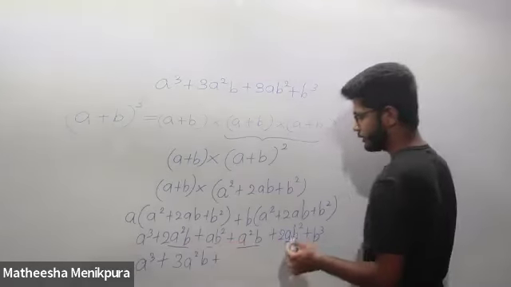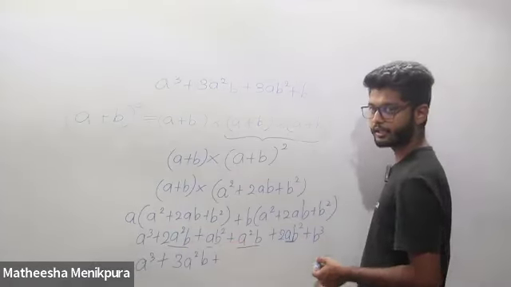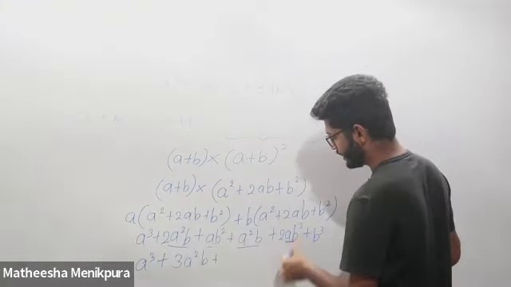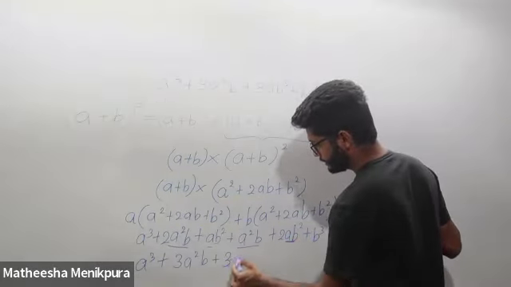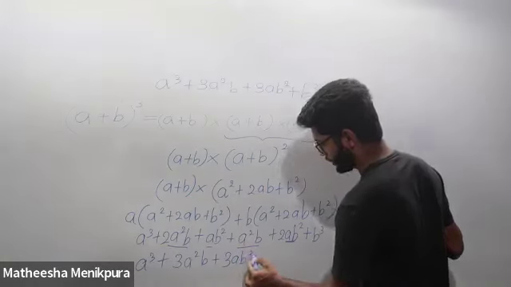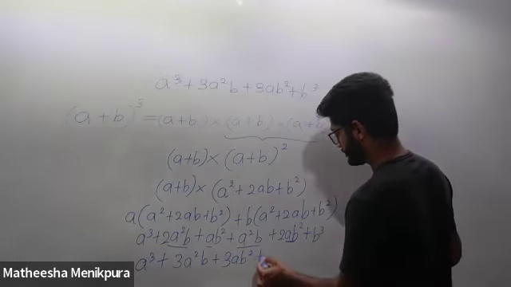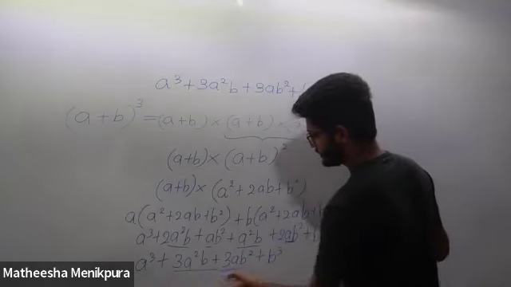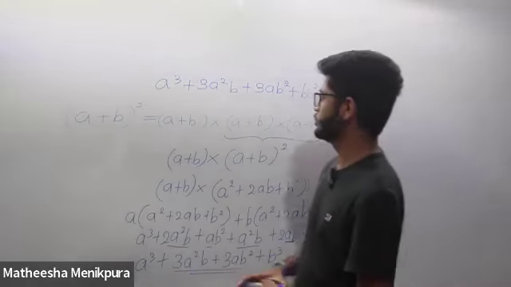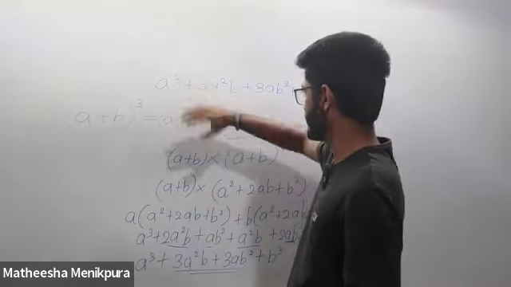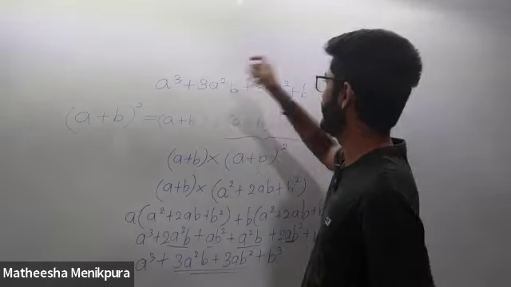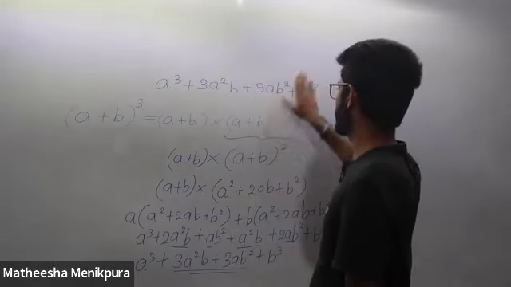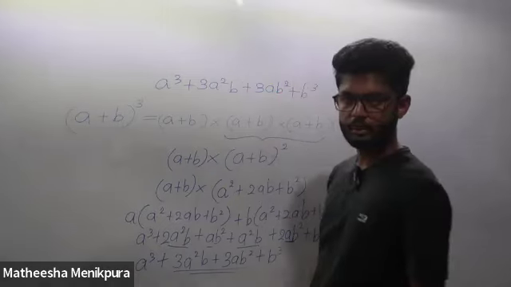Again like terms, 1ab squared plus 2ab squared is 3ab squared. Plus b to the power 3. So this is the answer. Yes, you got it correctly. A cube plus 3a squared b plus 3ab squared plus b cube.